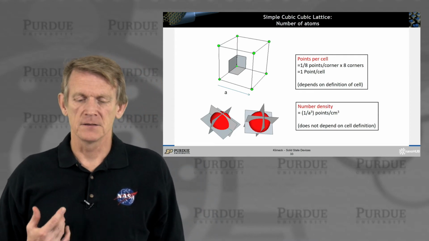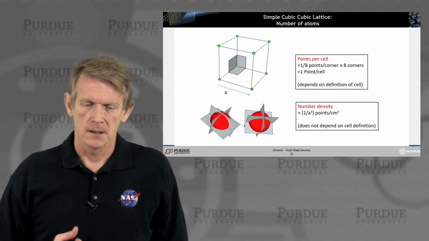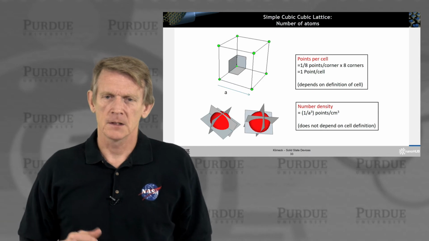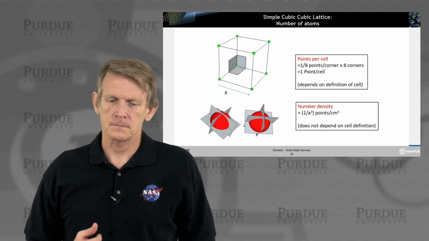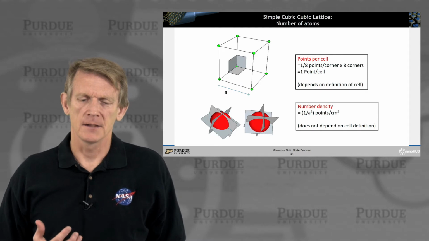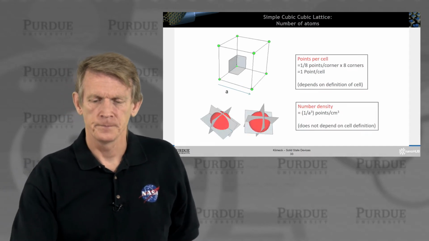And that does not depend on the cell definition. Meaning, at the end, a physical material, given its size, regardless of how you define the cell, has a number density. So that's a thing to keep in mind.